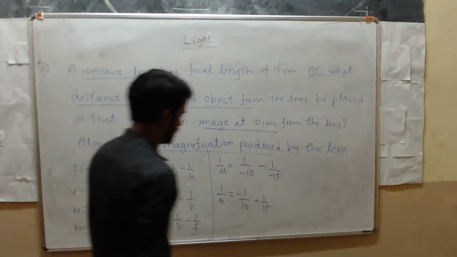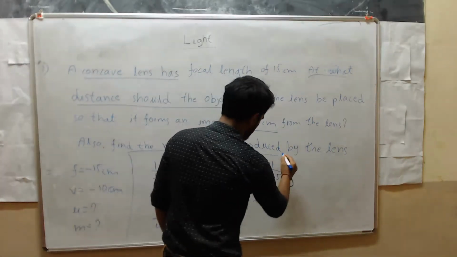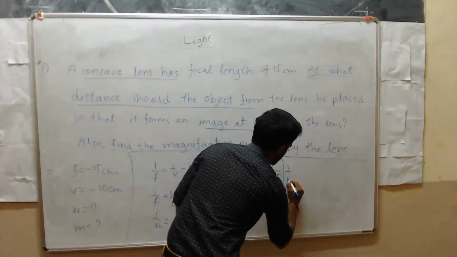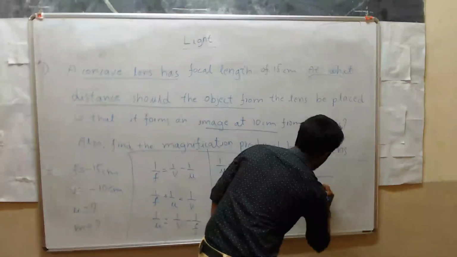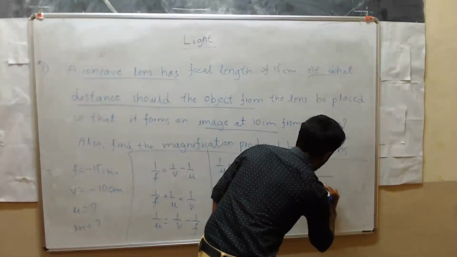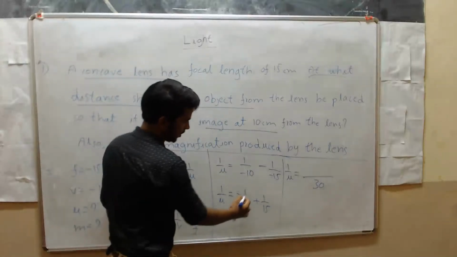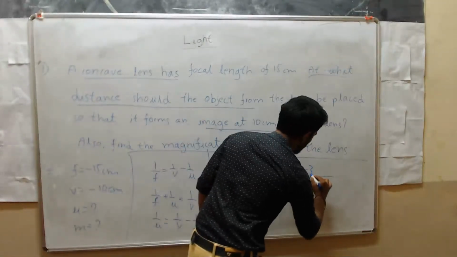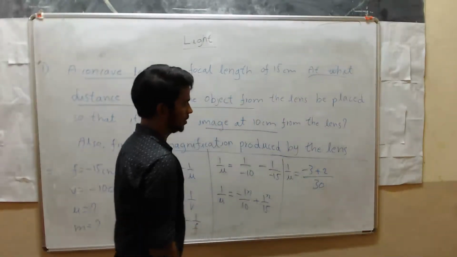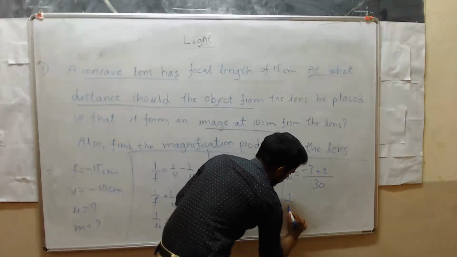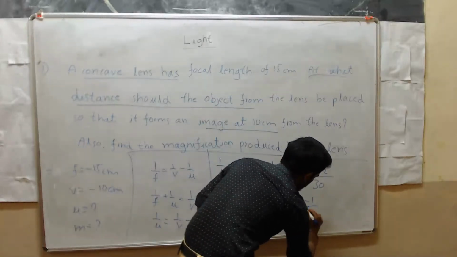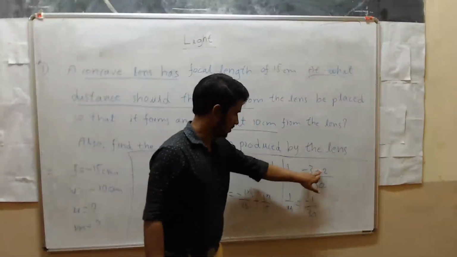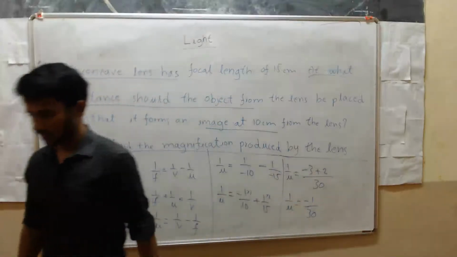LCM of 10 and 15 is 30, right? So 1 by u is equal to, here you have to multiply 3 and here 2. That is minus 3 plus 2. So here 1 by u equal to minus 1 divided by 30, because minus 3 plus 2 equal to minus 1.